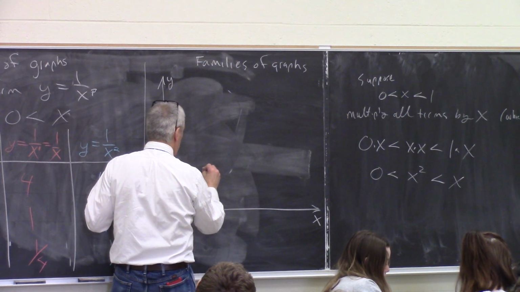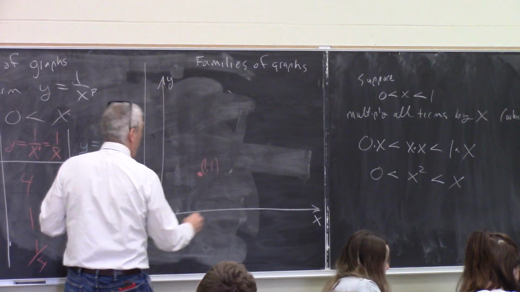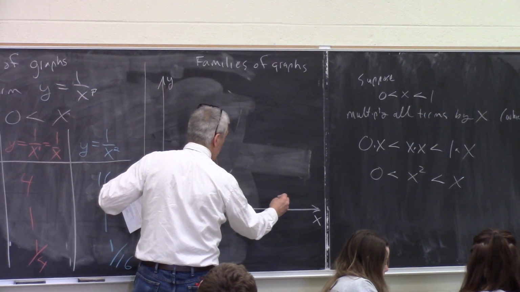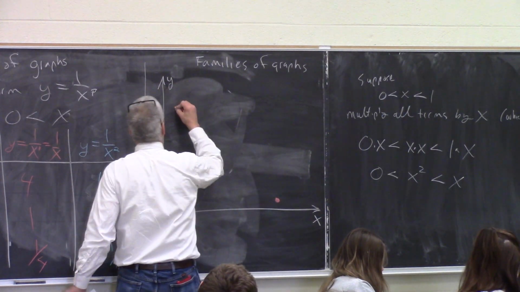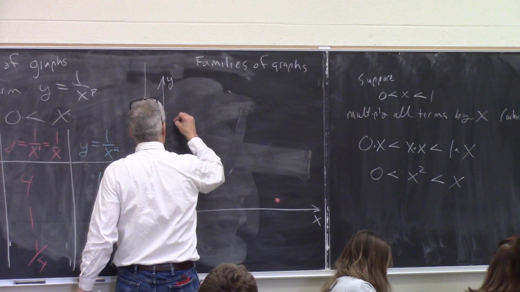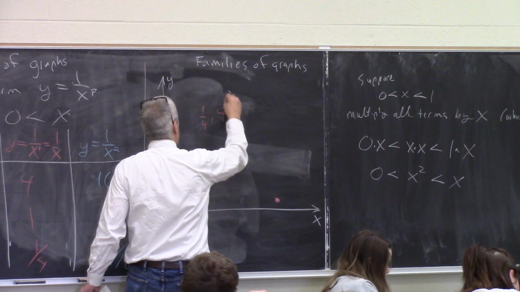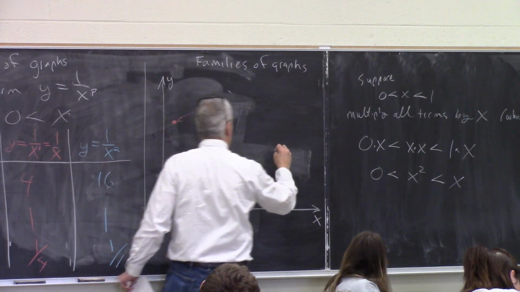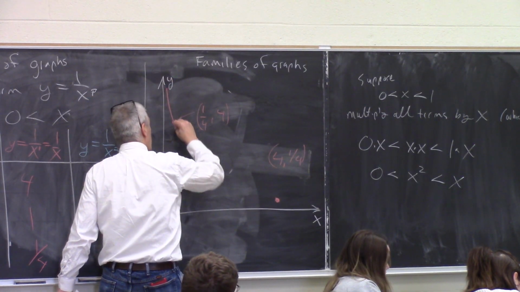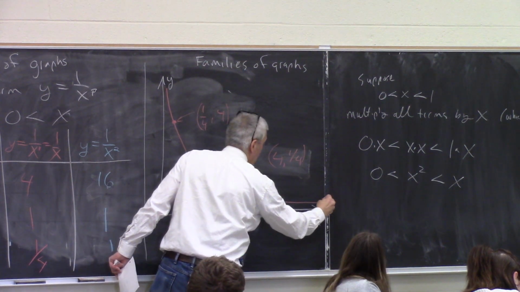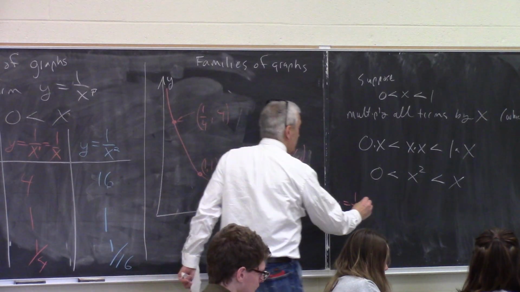It goes through 1, 1. It goes through 4, 1/4. And it goes through 1/4, 4. And it looks like this. So this is y equals 1 over x. So that's p equals 1.